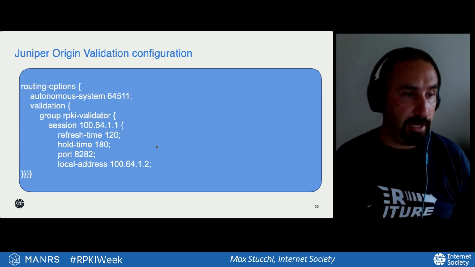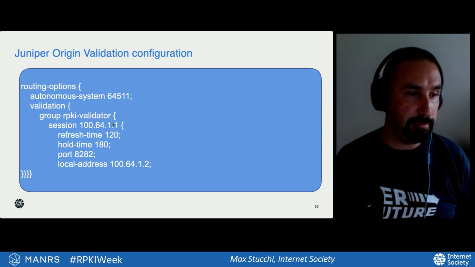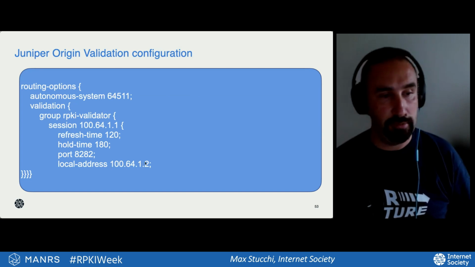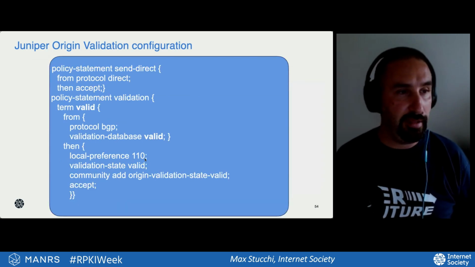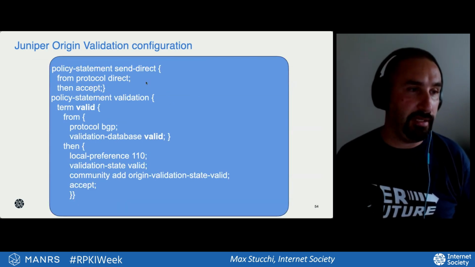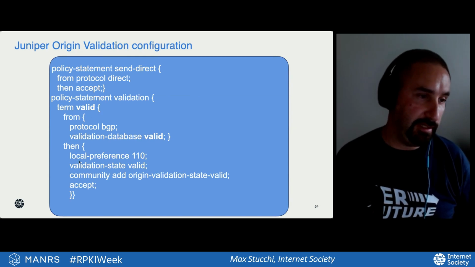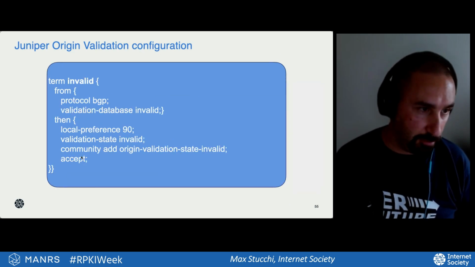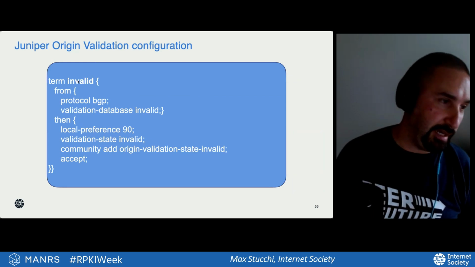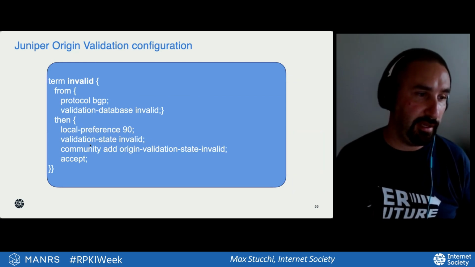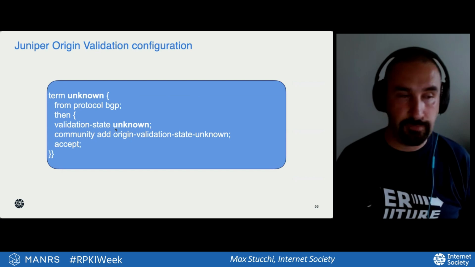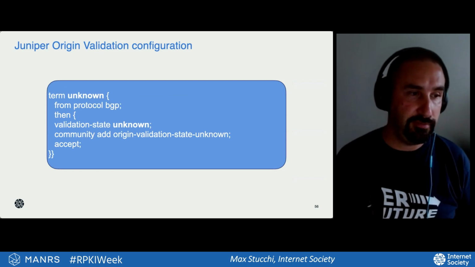This is the same configuration, but for Juniper. You set up a group for RPKI validators. You set up a session to a certain IP address, a certain port, and which one is your local address. And then you do the policy statement for, again, valid. And in the next one for, well, invalid in this case, we also have that. And then last for unknown, because Juniper calls it unknown in the validation state.